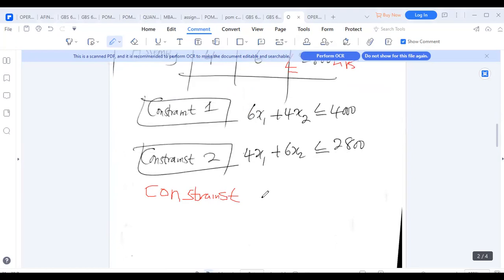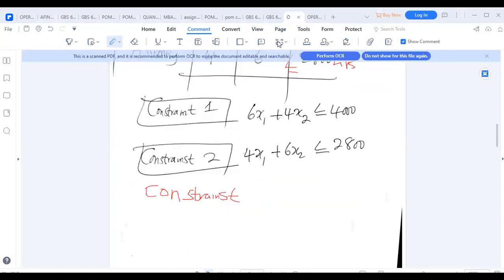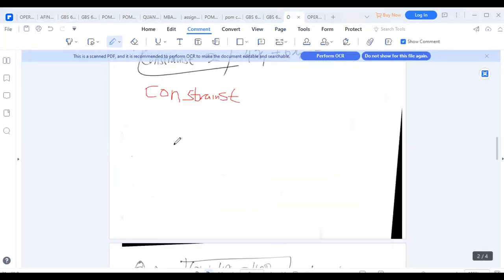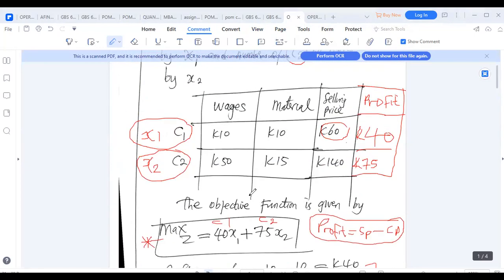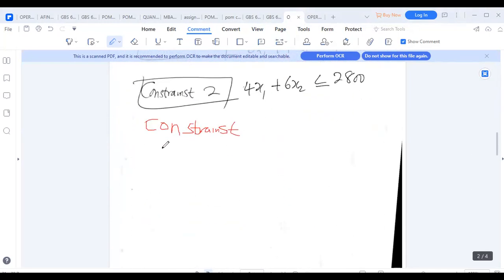Now we have another constraint here where we are simply saying the total cost for C1.